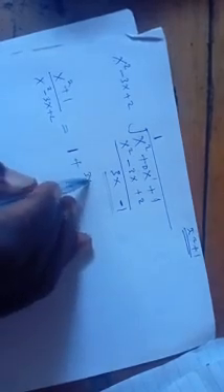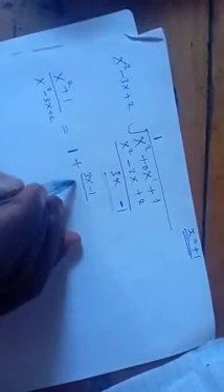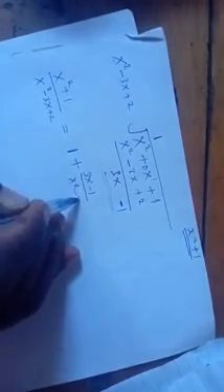So I write my answer as x squared plus 1 divided by x squared minus 3x plus 2 is given by 1 plus 3x minus 1 over x squared minus 3x plus 2.